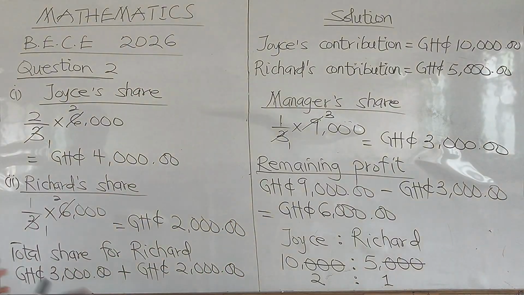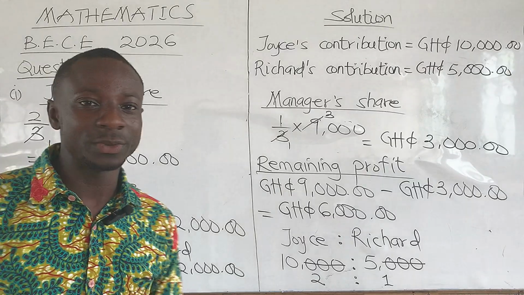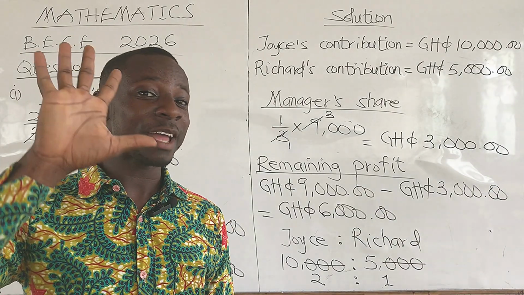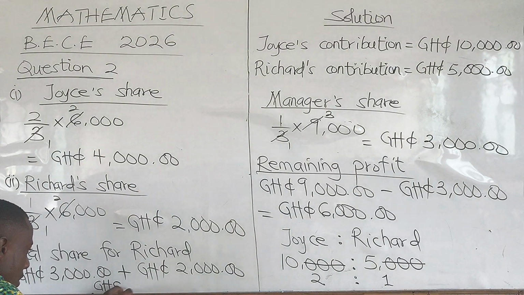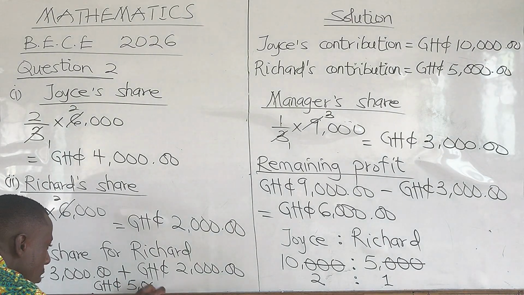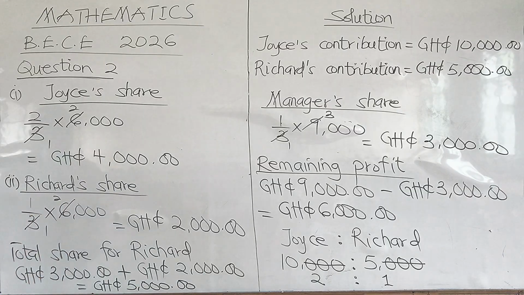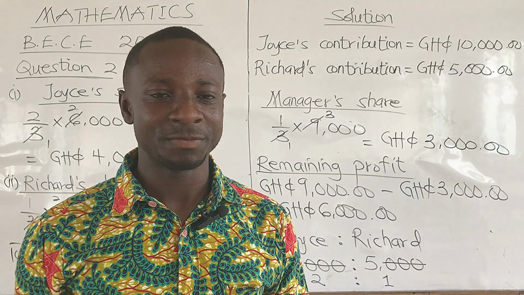So here we are just going to put them together to get a total. And 3,000 plus 2,000, what do you think we are going to get? So you are getting 5,000. So 5,000 will be the final answer for Richard's share.